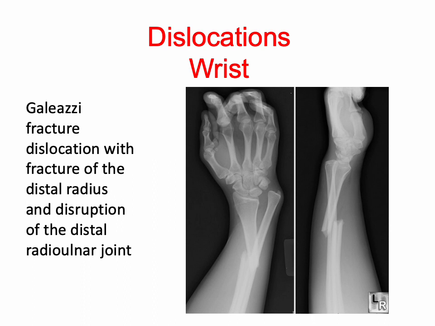There are particular fracture dislocation patterns that happen in the forearm, of the radius and ulna, and we'll go through these specifically in upper limb talks. But this is an example of a Galeazzi fracture dislocation, where there's a fracture of the distal radius and disruption of the distal radio-ulnar joint.